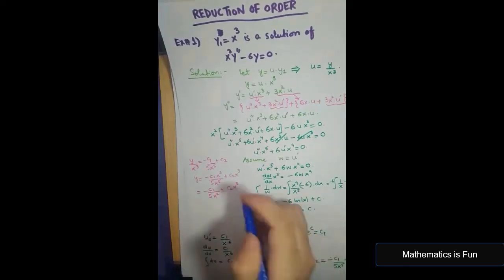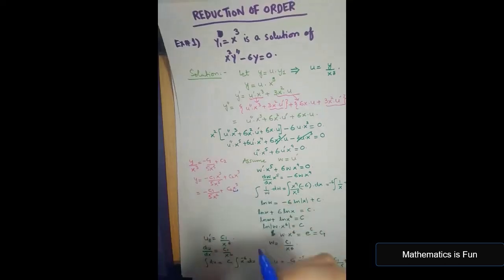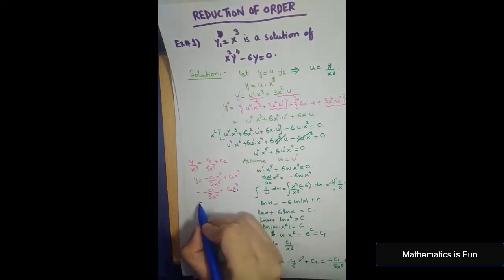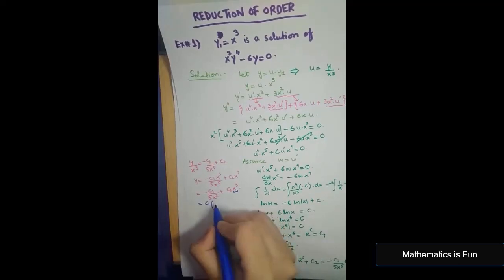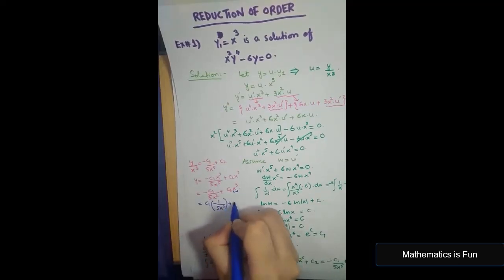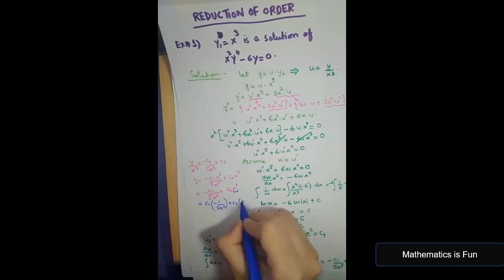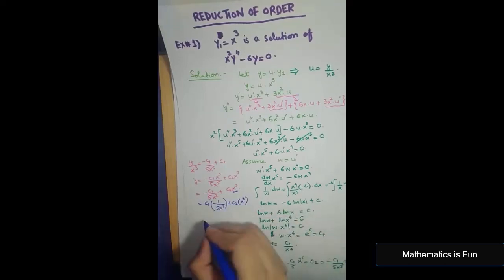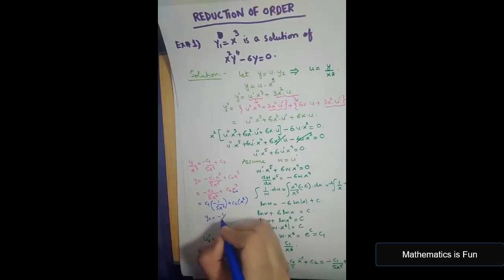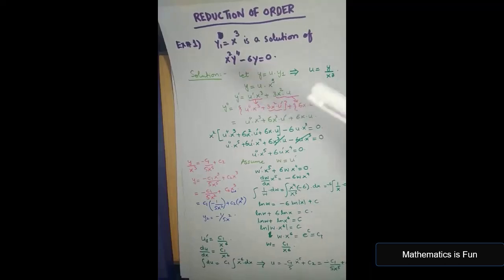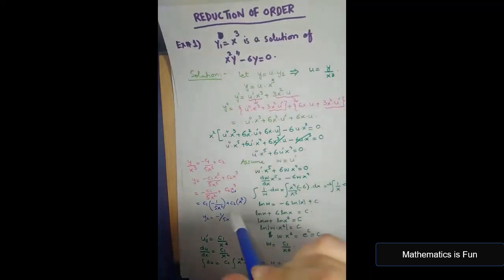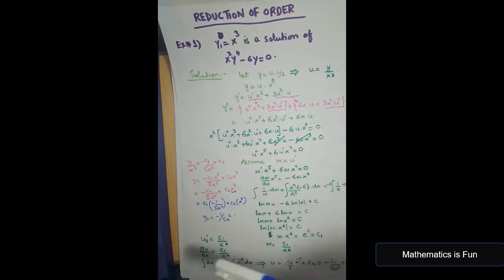One solution is already given, that is y1, and the other one is c1 times minus 1 by 5x squared plus c2 times x cubed. So that means y2 was minus 1 over 5x squared. Right? So with the help of this first solution, we are able to find the second solution.